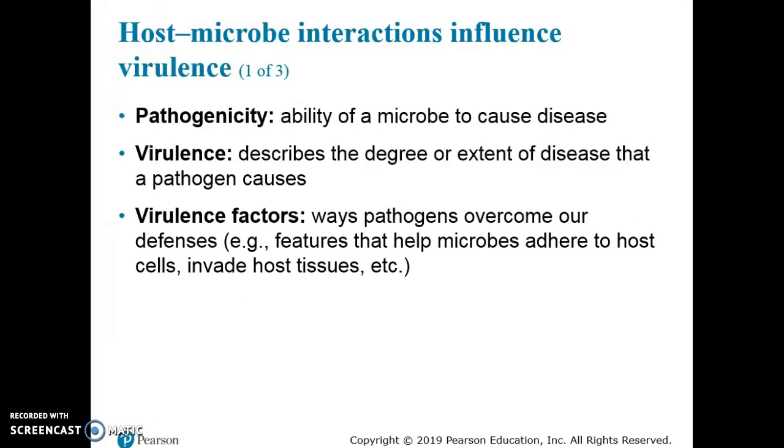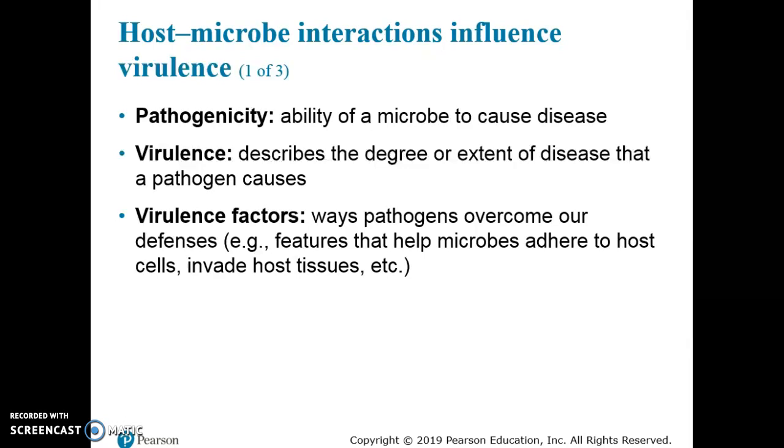All right, so we may have looked at these terms in chapter 9, possibly, but pathogenicity is the ability of a microbe to cause disease. How pathogenic is it? Is it high? Is it low? And then virulence describes the degree or extent of disease that a pathogen causes. And then virulence factors.